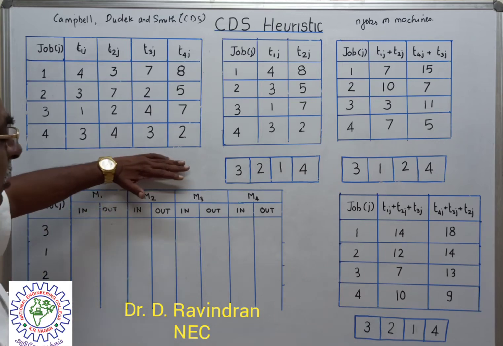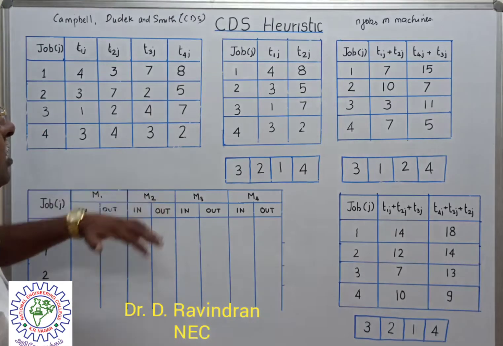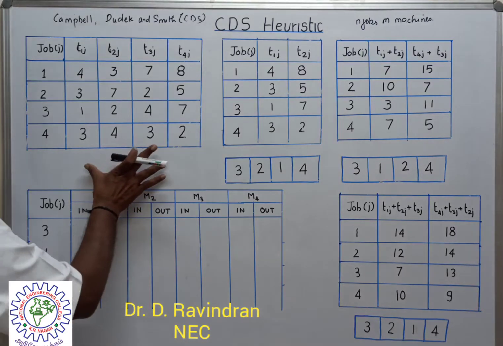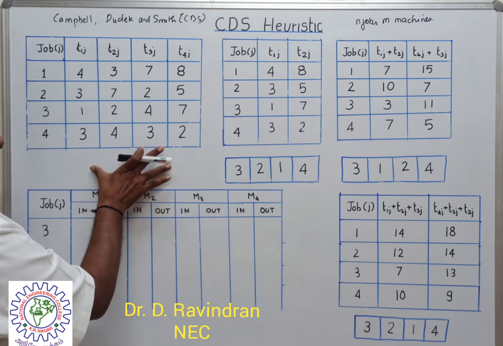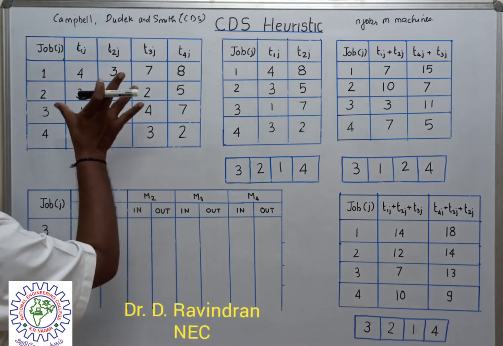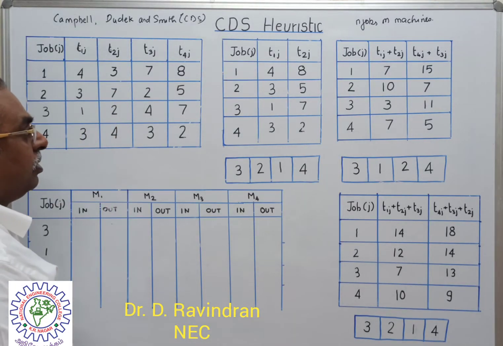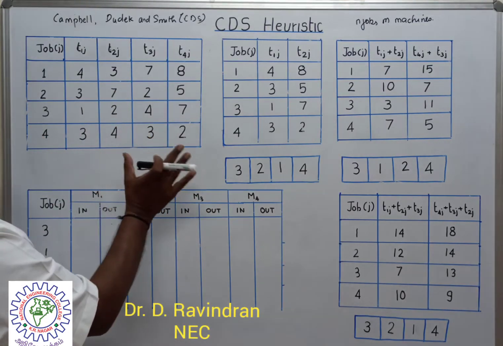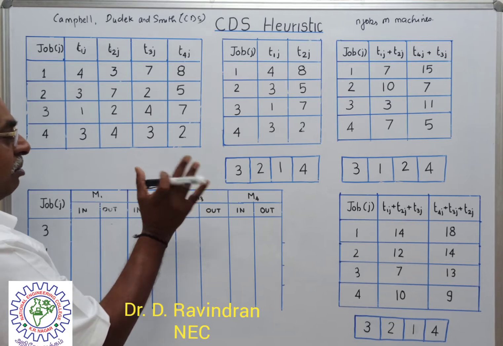Now this heuristic is very simple. In this heuristic, we find the sequence based on Johnson's algorithm by combining the machines individually as well as combinedly.